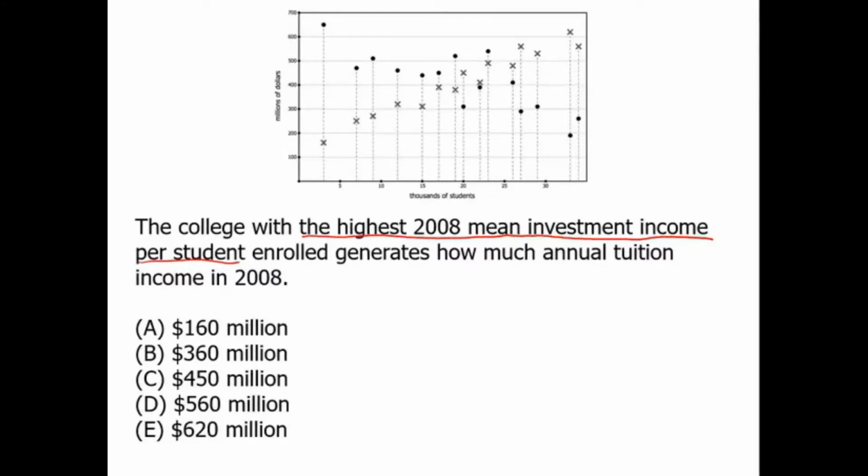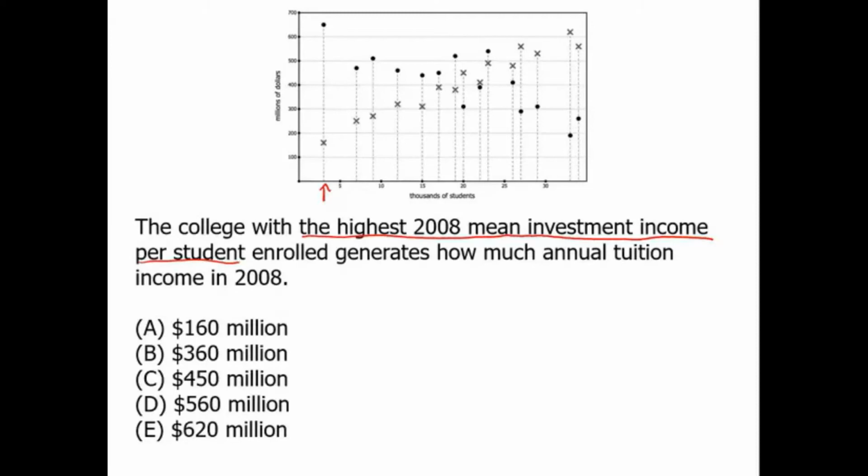We can be clever on this. We know that a fraction gets the biggest when the numerator is large and the denominator is small. So if we could find a college that was very high in investment income and very low in students, that would be our college. And in fact, the college all the way on the left fits the bill perfectly.